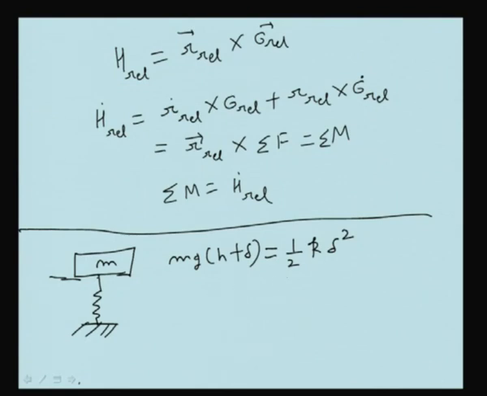Now this gives a quadratic equation which can be solved to find delta if the particle is dropped from a height h. But in case h is equal to 0, then this becomes mg delta. That means you have just put the particle suddenly on the spring, and that equals half k delta square, or delta is equal to 2 mg by k.